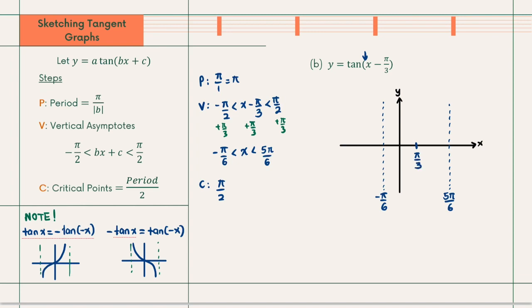And then boleh terus lukis. So since our function adalah positive of tangent X, so kita akan mula daripada bawah pergi dekat pi over 3 and then naik atas. Okay. Kat sini kalau diperhatikan kita ada Y-intercept. So nak dapatkan Y-intercept, Y-intercept adalah when X equals to 0.